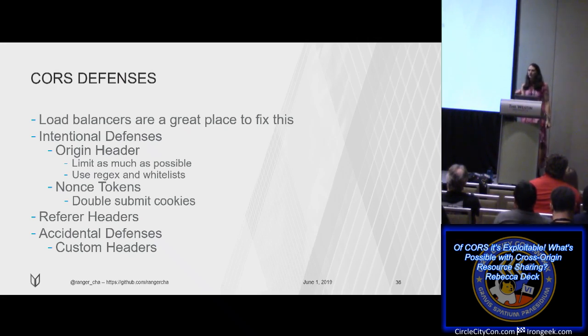You have your intentional defenses. So if people use the origin header to limit these requests as much as possible. So you want to say, I only want you to allow this from these specific origins. Maybe have a whitelist that says, all right, these specific sites.